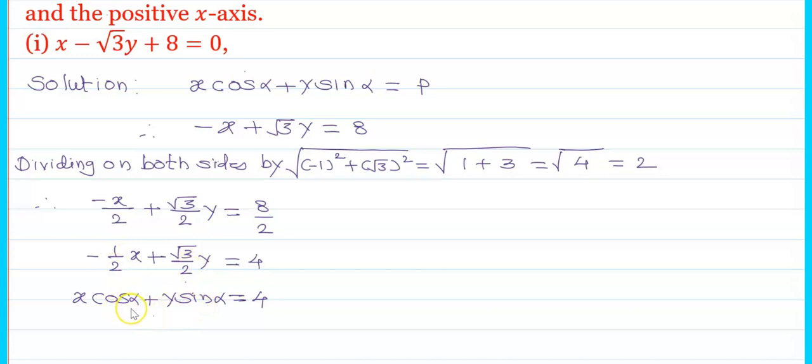For that, we take cos alpha equals minus 1 upon 2, which means minus cos 60.